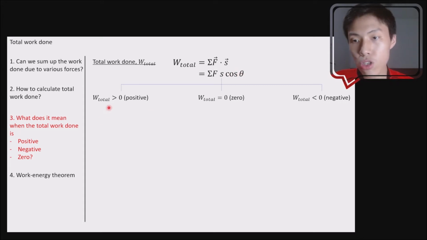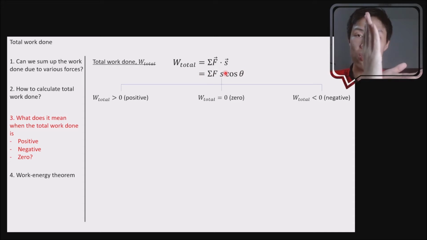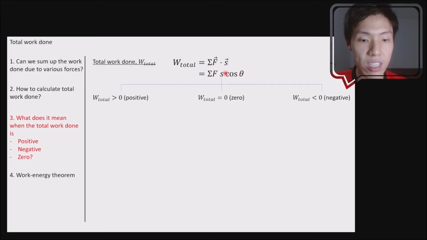Okay, so for the situation where your work total is positive, or work total is greater than 0, it's because your cos theta generates a positive value. So how does a cos theta generate a positive value? Your theta here, your angle between the net force and the displacement, has to be in the range of 0 to 90 degrees, but not inclusive of 90 degrees.